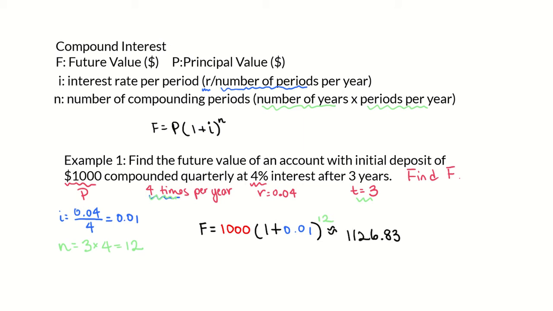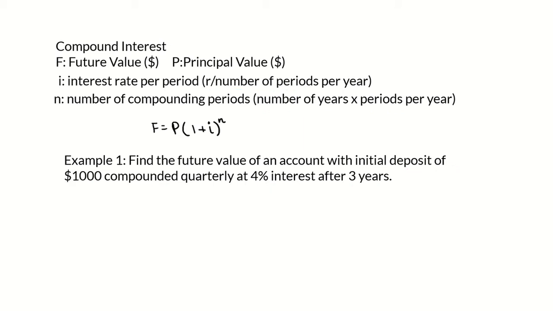This gives a future value of approximately $1,126.83. So we can see that as opposed to simple interest, compound interest is exponential because the number of compounding periods N is in the exponent.